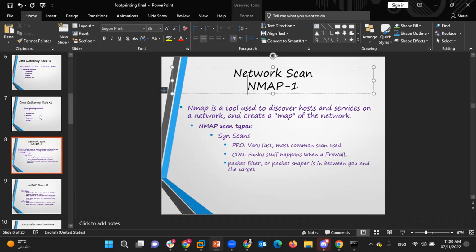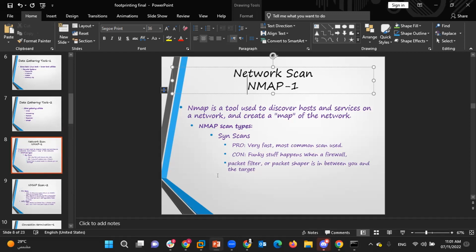But Nmap is a famous and commonly used one because it is easy and it's also supported with a GUI. Beginners prefer to use the GUI more than the command line.